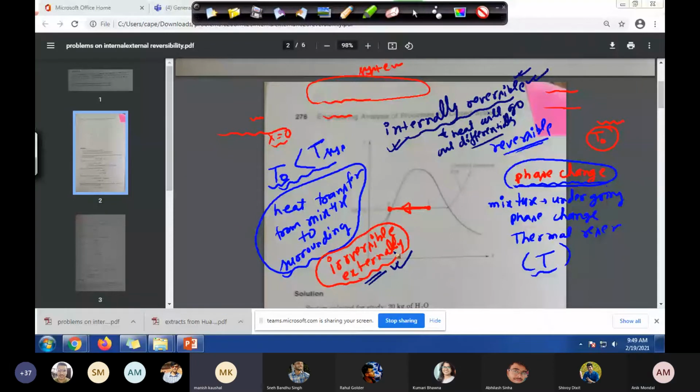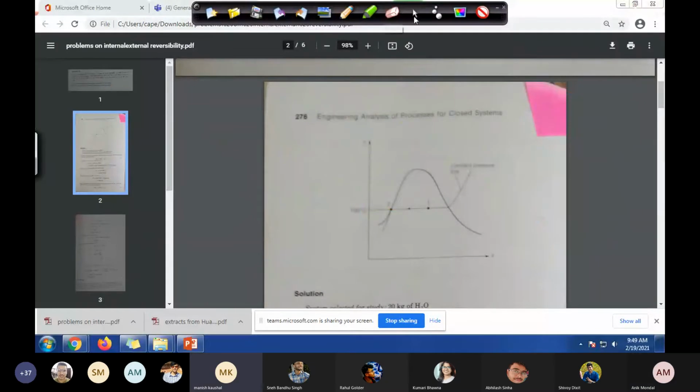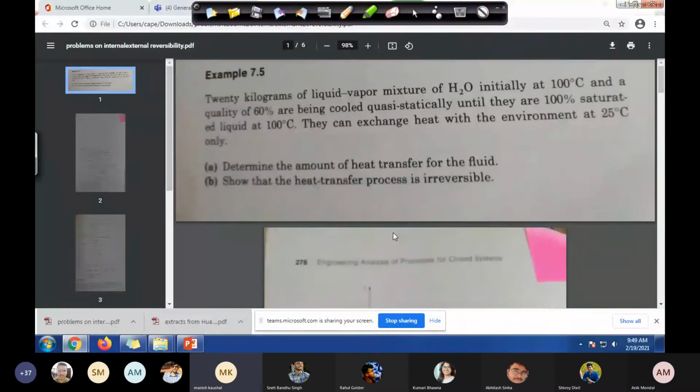Okay. So overall, this process is irreversible.